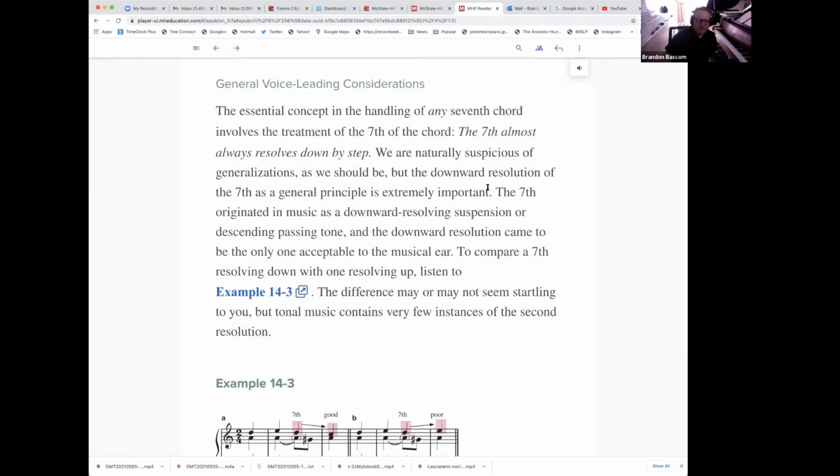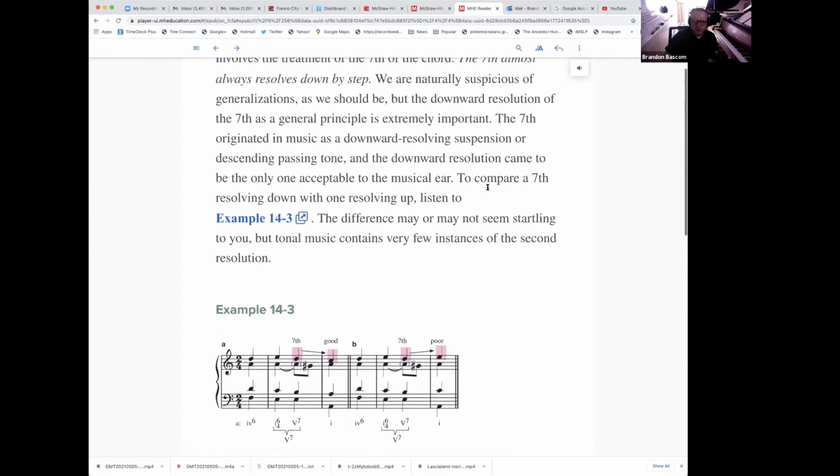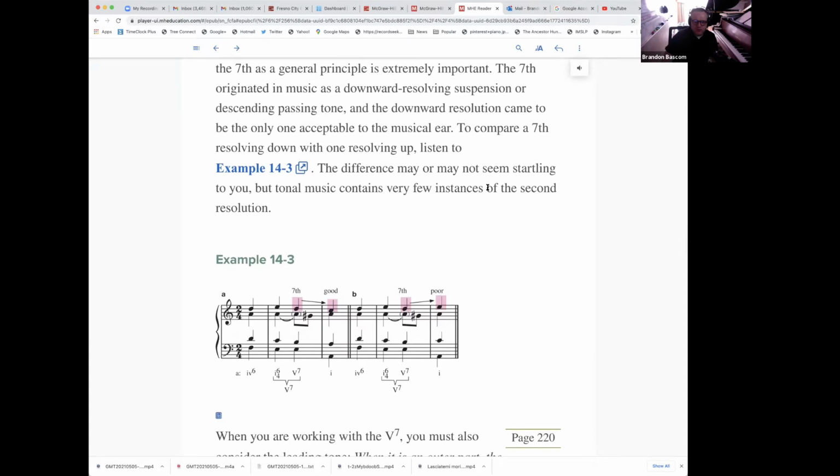General voice leading considerations for the dominant 7th. The 7th almost always resolves down by step, the 7th of the chord. Not the 7th of the key. That's the confusing part.